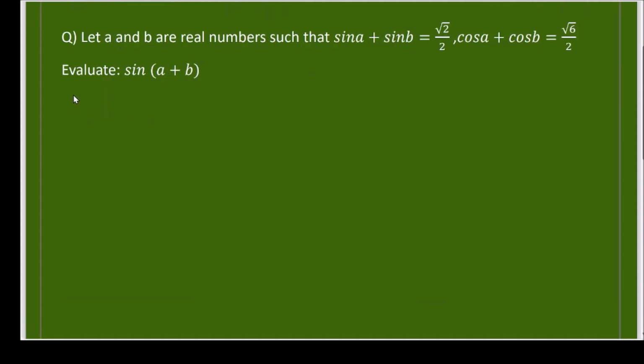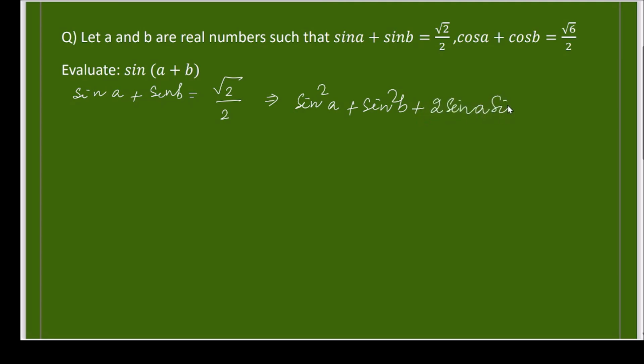Equation 1 is sine of a plus sine of b is equal to square root 2 by 2. If I square both the sides, I'll get sine square a plus sine square b plus 2 sine a into sine b is equal to 2 over 4.